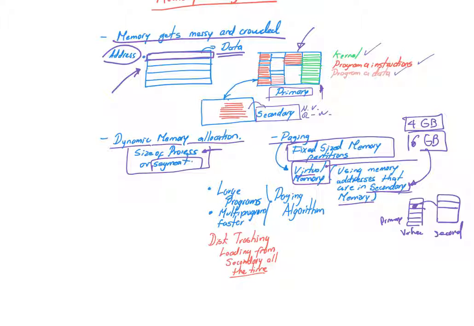What's the advantage of that? Well, as I said, you can store large programs in primary memory, and if you make good decisions about what kind of instructions are being taken to the secondary and which instructions are being held in the primary memory, then you might make the multiprogramming faster.